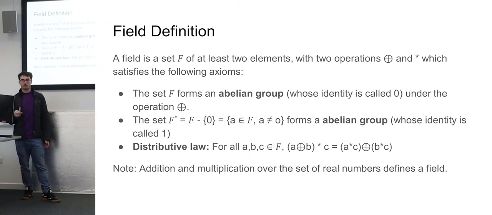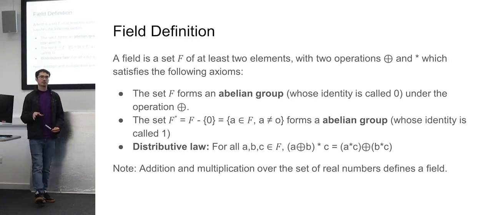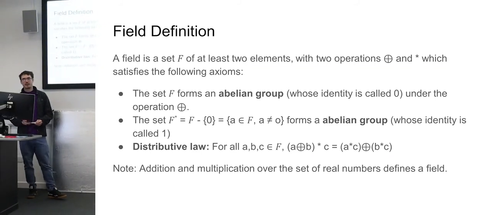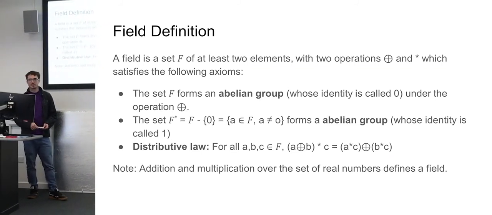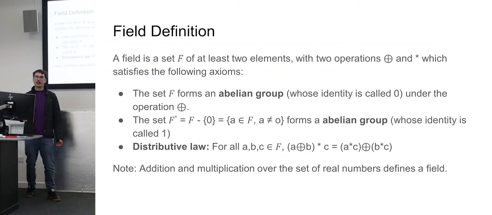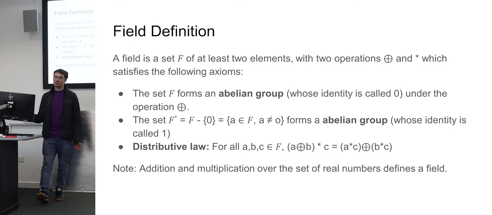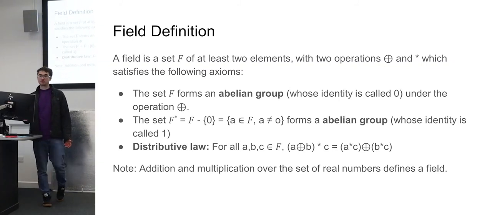Don't worry if there's too much, there are some examples coming. And then the other thing is this distributive law, which is just something that you all know. A plus B in brackets times C is the same as A times C plus B times C.